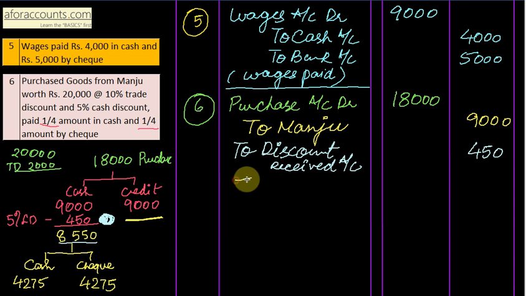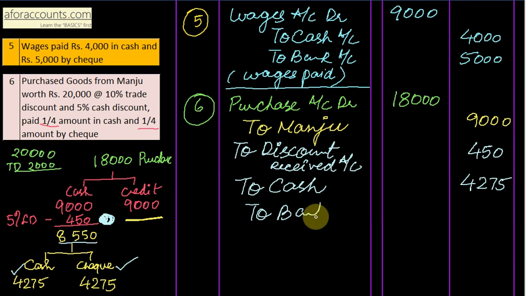So to cash 4,275, 4,275, and half is paid through check. So to bank account 4,275.